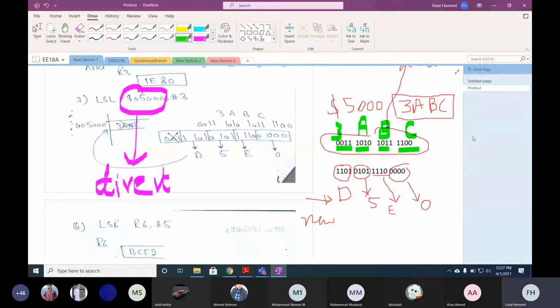So this is the old contents, and now we are shifting it to the left by 3 positions. By 3 positions, it means that we insert 3 zeros on the left. We insert 3 zeros here, and then we remove this one. So the new data will become like this, am I right or not?